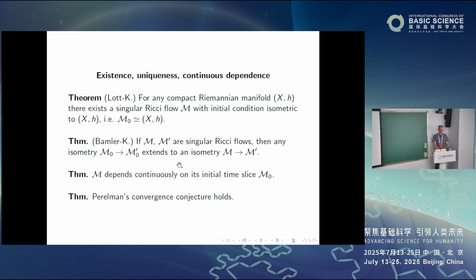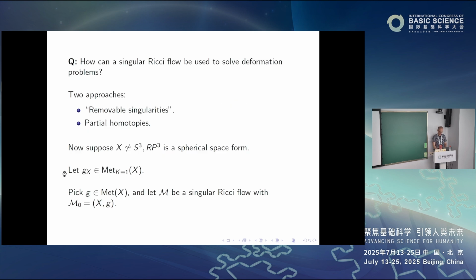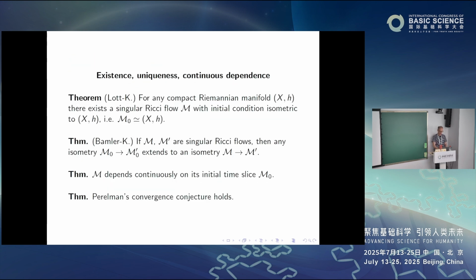And then you have uniqueness: if you have two singular Ricci flows and an isometry between the initial time slices, that can be extended to an isometry between the entire structures. I don't want to say precisely what this means, but we also show in an appropriate sense that the solution depends continuously on the initial data, and we proved Perelman's convergence conjecture.